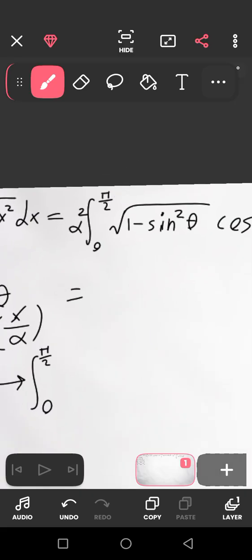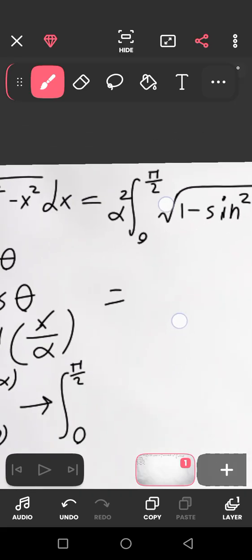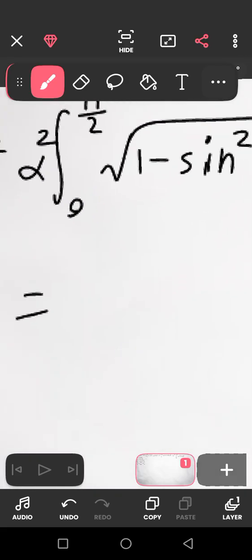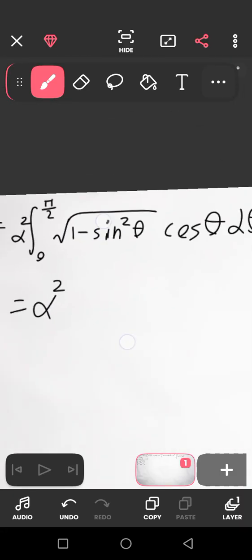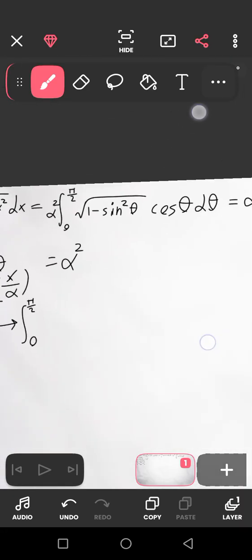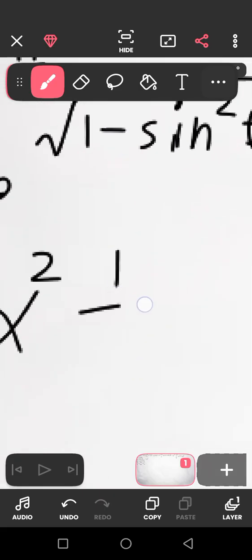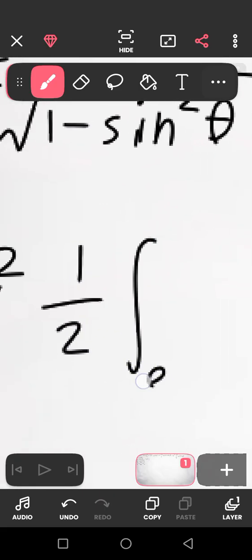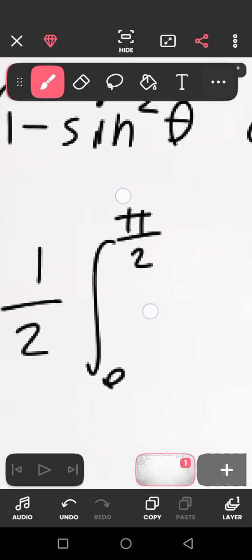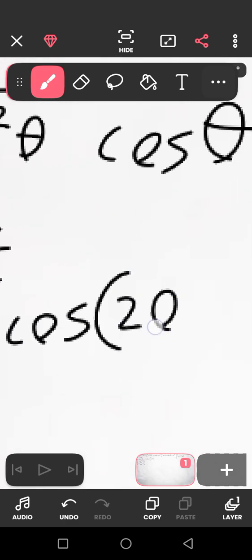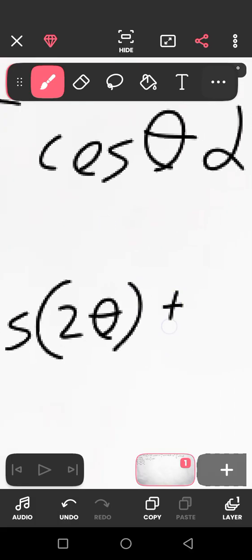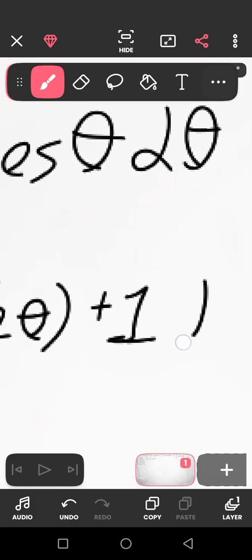So that becomes a squared, and by the constant multiple rule, 1 half times the integral from 0 to pi by 2 of cos 2 theta plus 1 d theta.